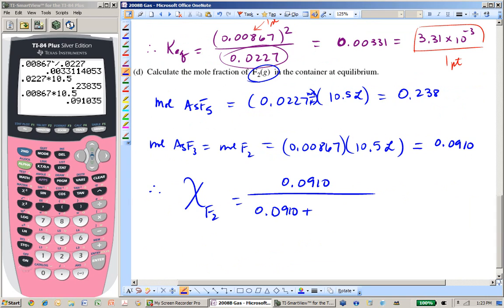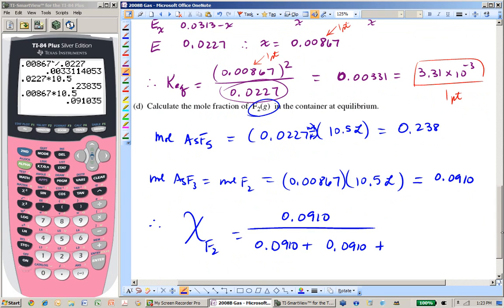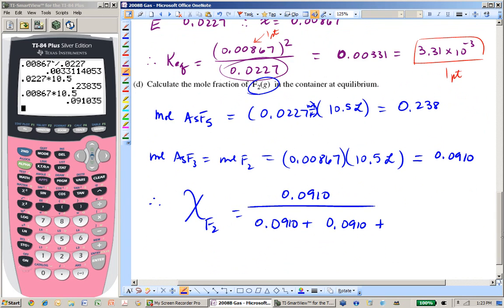It feels weird, but you do it. And then its partner, 0.0910 as well. And then the 0.238, sorry, 0.238. This number.